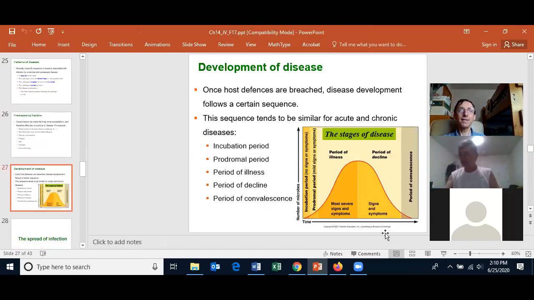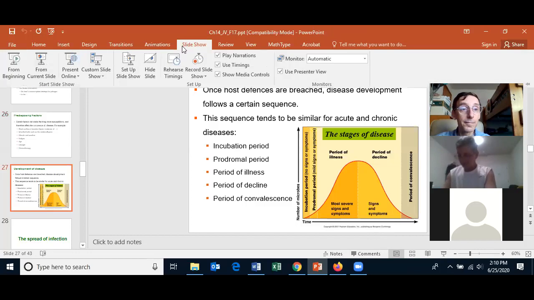The development of disease typically follows the same pattern. Once the host defenses are breached, disease development occurs in the patient and it follows a certain sequence. And this tends to be similar for both acute and chronic diseases. So all diseases start with an incubation period.